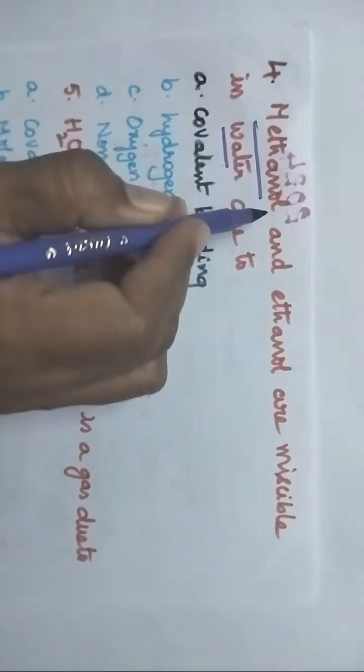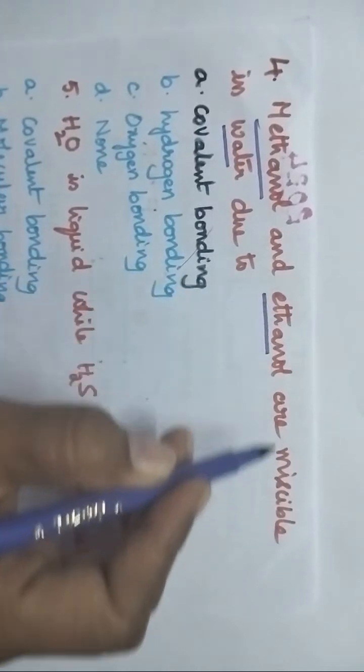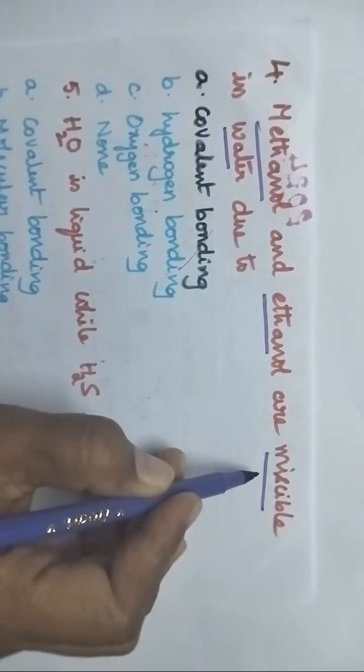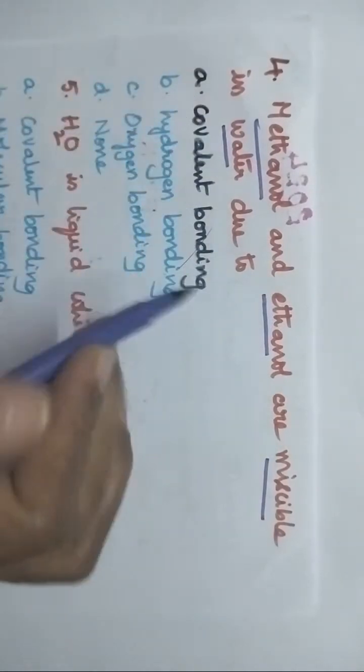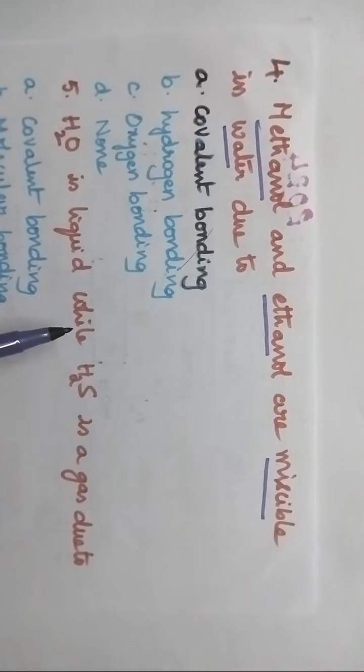Methanol and ethanol are two liquids. That's why we will use the term miscible. So in other words, miscible means soluble. So both methanol and ethanol are miscible. So the miscibility in water is due to. Why are methanol and ethanol miscible in water?